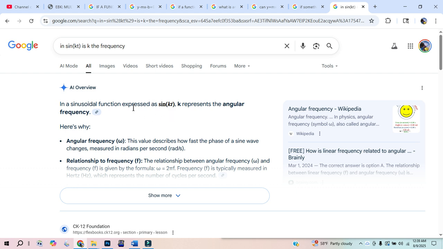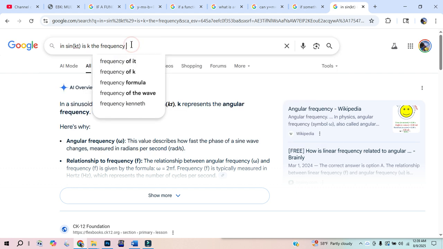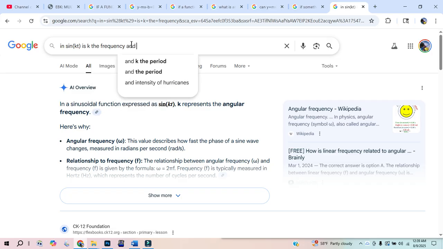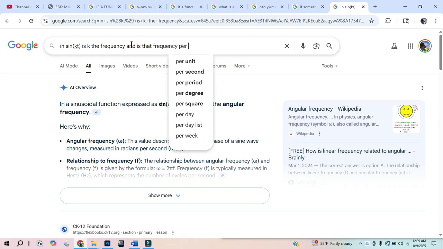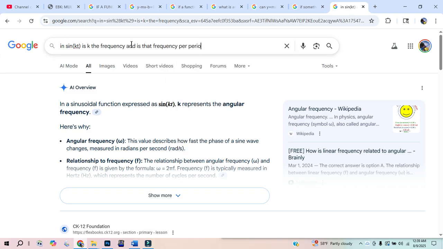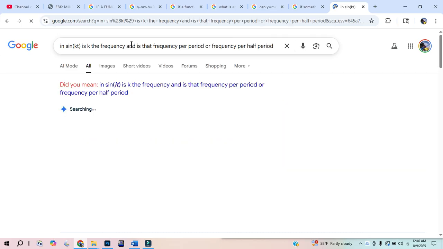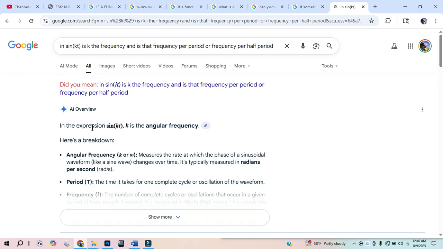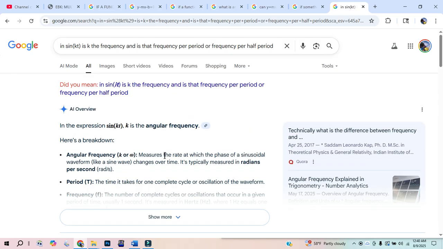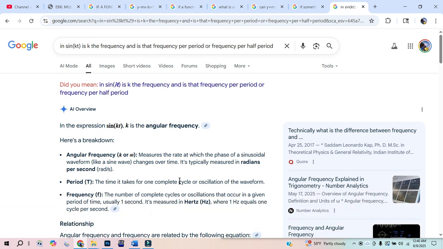It's like how many times, and is that frequency per period, or frequency per half period? Let's see. The angular frequency measures the rate at which the phase of a sinusoidal wave changes over time, typically measured in radians per second, the time it takes for 1 complete cycle.